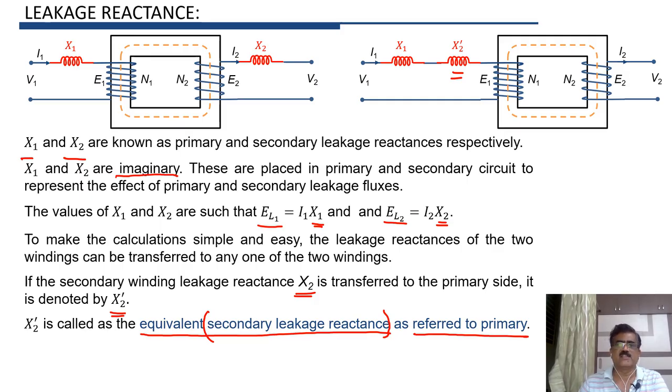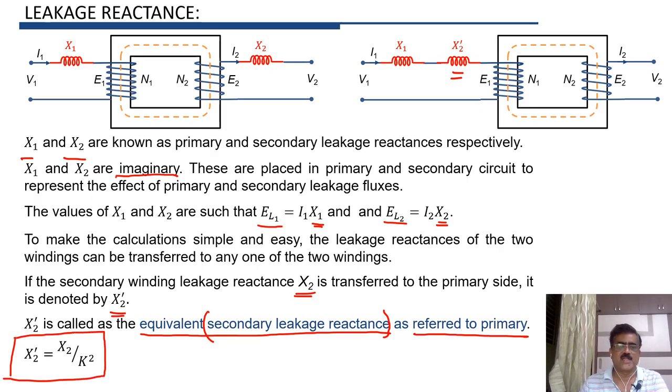And just like resistance, the effect of X2 dash and X2 must be the same. So the reactive power consumed by X2 and the reactive power consumed by X2 dash must be the same, and the reactive power consumed is I square into X. Using this we can determine the expression for X2 dash, which is equal to X2 upon K square.